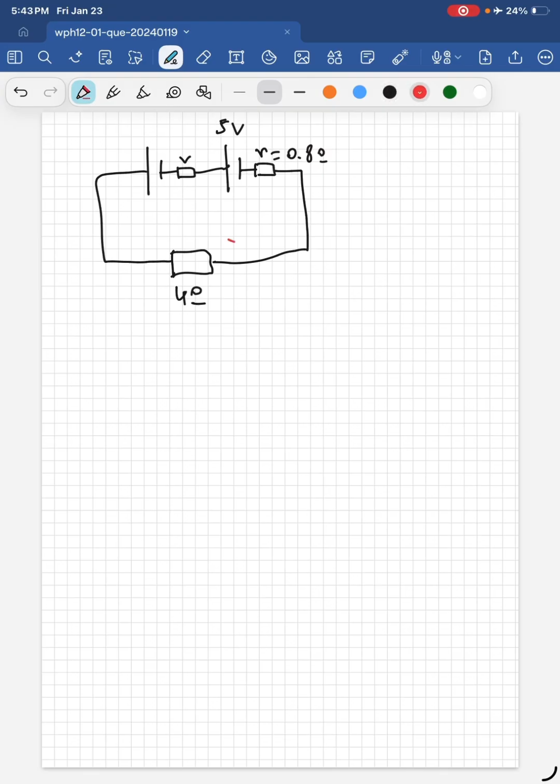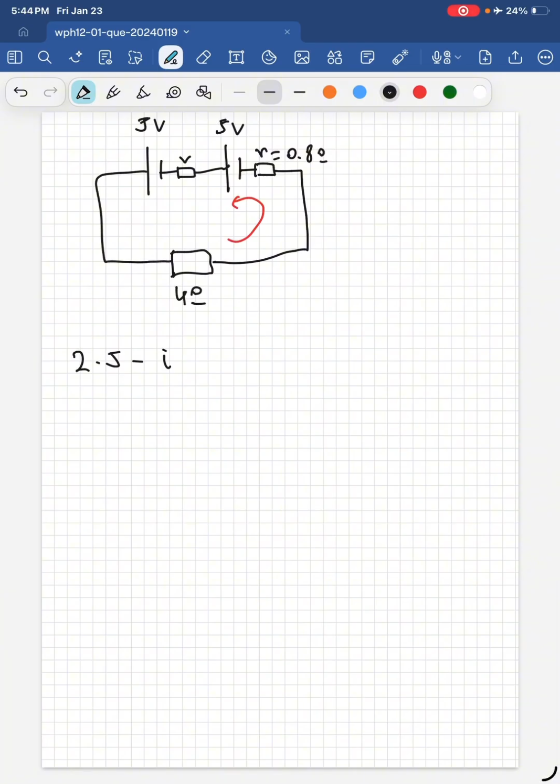So the conventional current goes this way. So we can just write that we have 5 volts. I'm getting tired. So 2 times 5, right? Because we have the two batteries. This is also 5 volts.